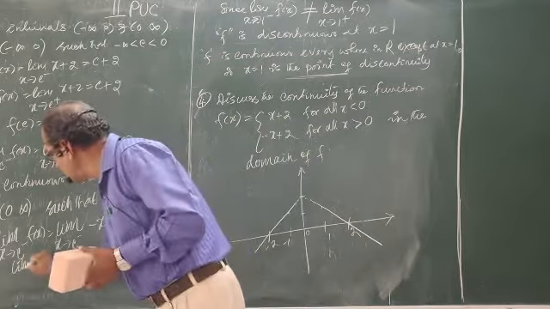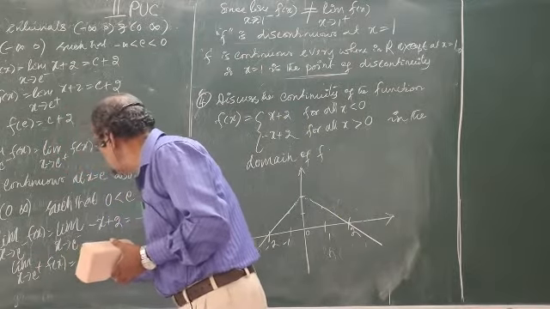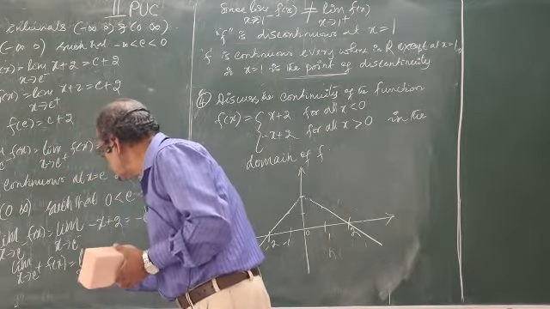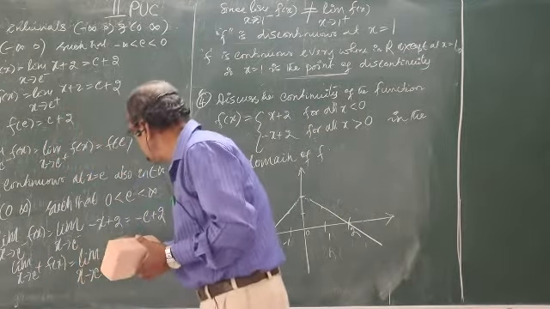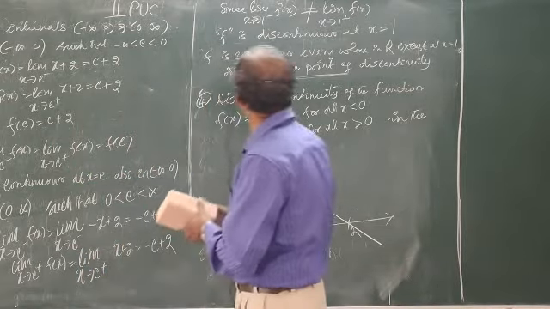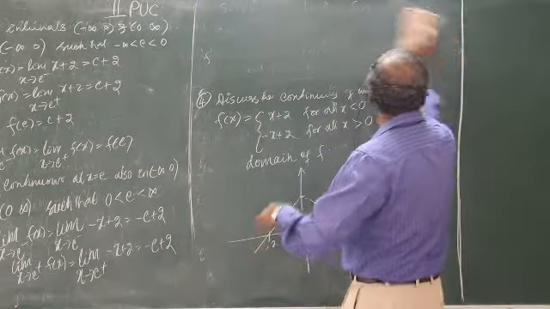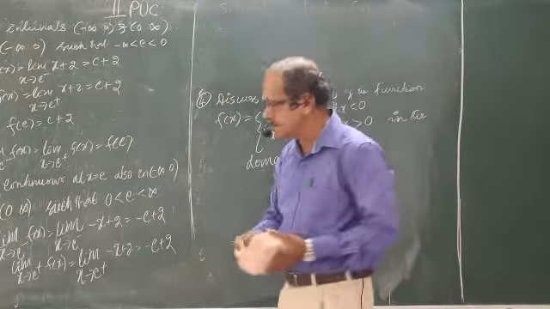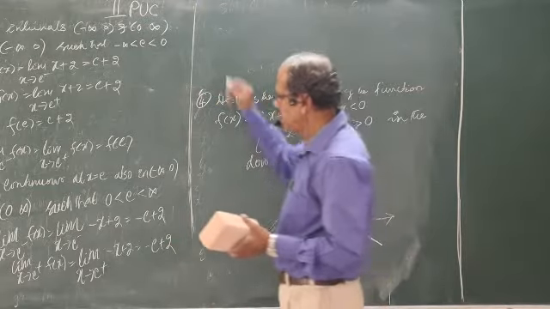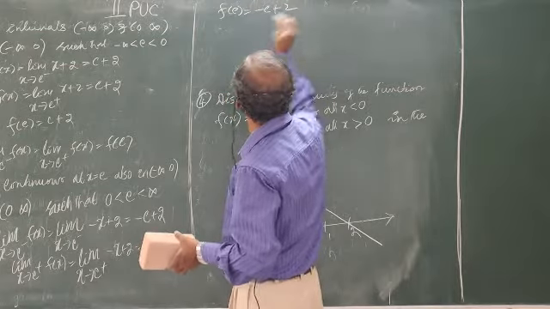Limit x tending to c plus f of x equals minus c plus 2. f of c equals minus c plus 2.